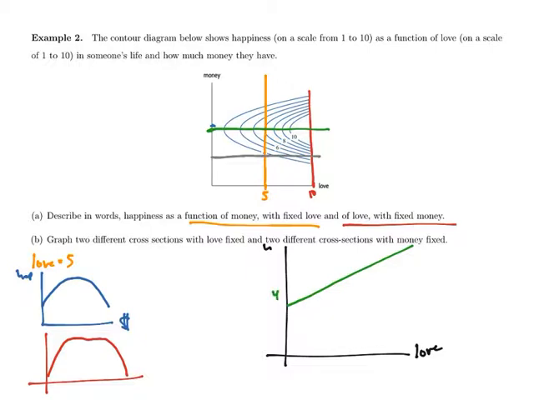And then the other one, happiness is often a lot less, right, but still goes up a little bit, but at a lesser rate. So those are both graphed on the same axes. This is a very vague example, so we don't really have specific things. But again, thinking about a much different sort of application of these functions of two variables.